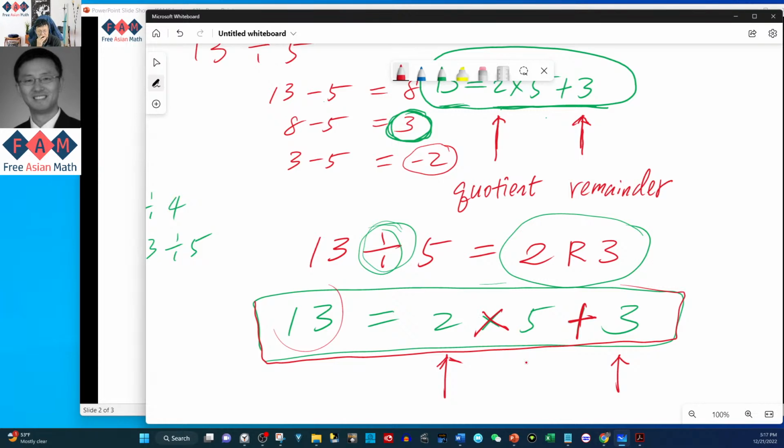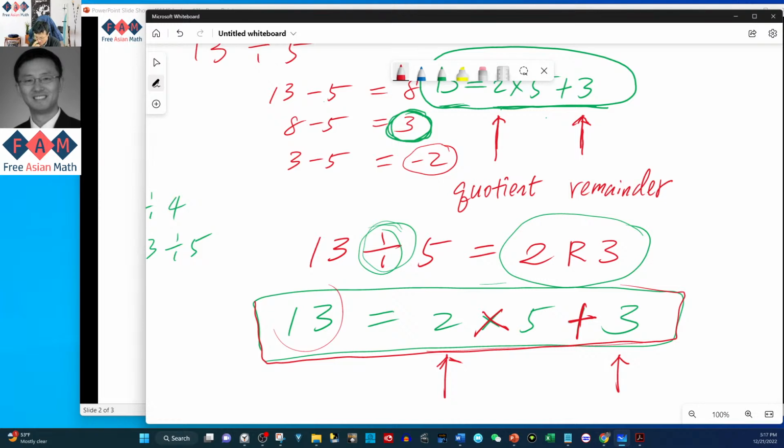Sounds interesting, because this is something we already knew. That's right. We already know the right-hand expression. But in this context, we use this to represent the very operation of division with remainder.